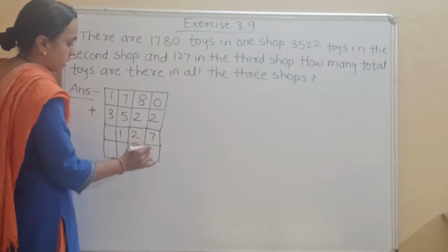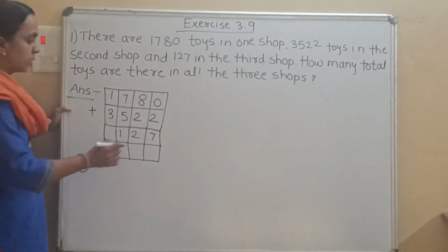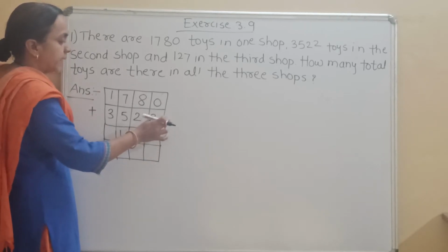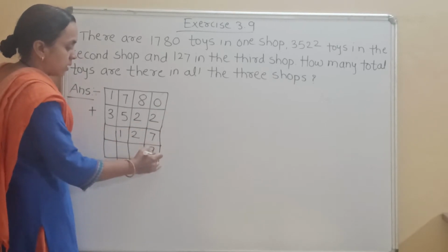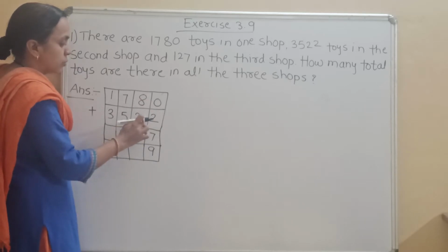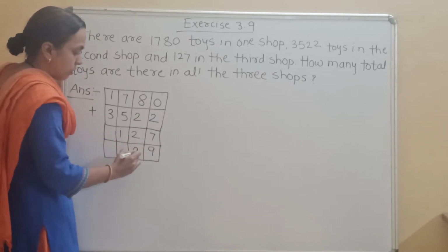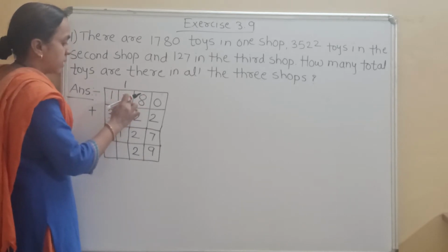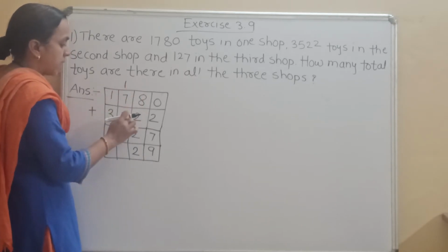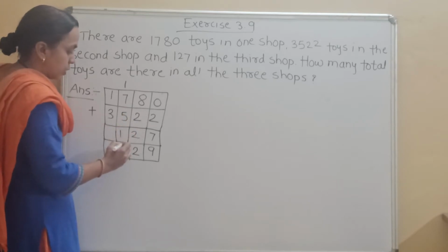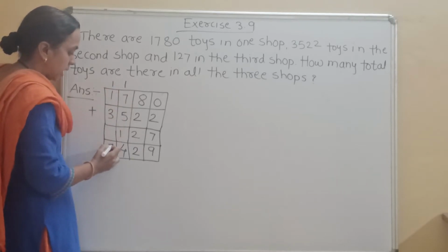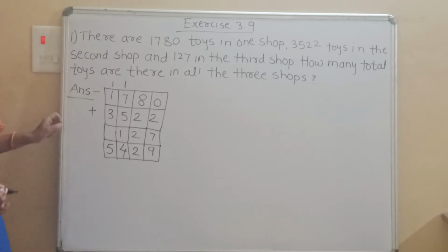Exactly as it is you have to write in your notebook. Now start adding. 7 plus 2, 9. 9 plus 0, 9. 8 plus 2, 10. 10 plus 2, 12. What is the carry? 1. Write down 1. 7 plus 1, 8. 8 plus 5, 13. 13 plus 1, 14. So write down 4 here. Carry 1. 1 plus 1, 2. 2 plus 3, 5.